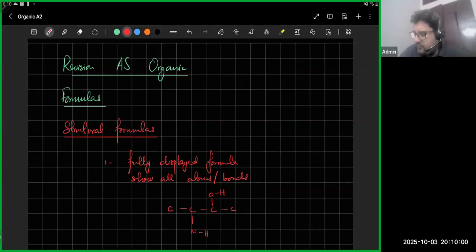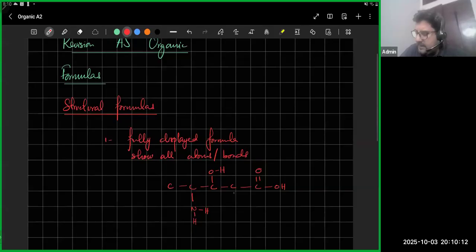It's got NH2, a carboxylic acid, and, let's say, a CH3 branch. I'm just completing the bonds, there's H. Let's say there's an aldehyde over here as well, and an H. Okay, that's the first thing.